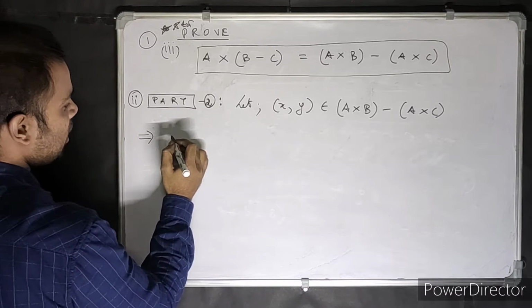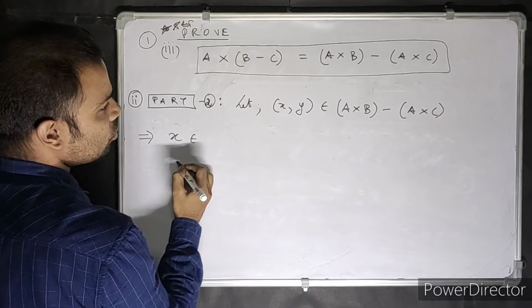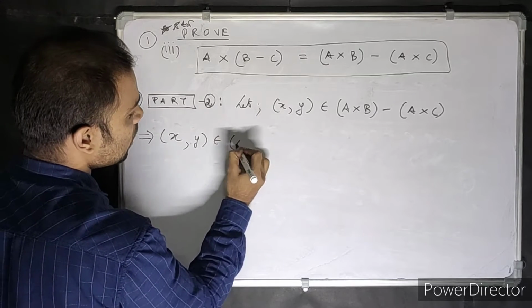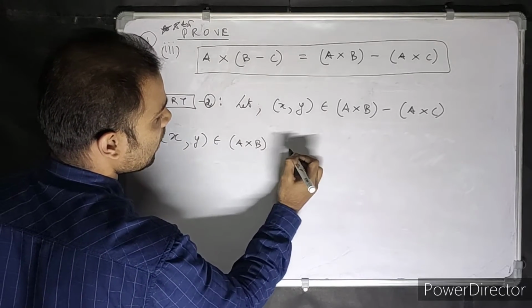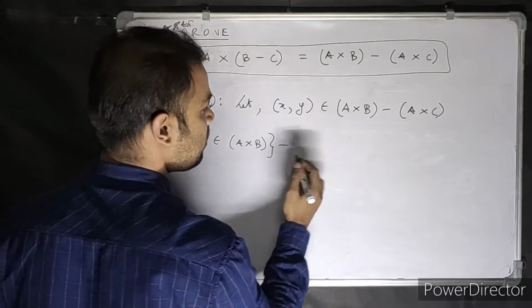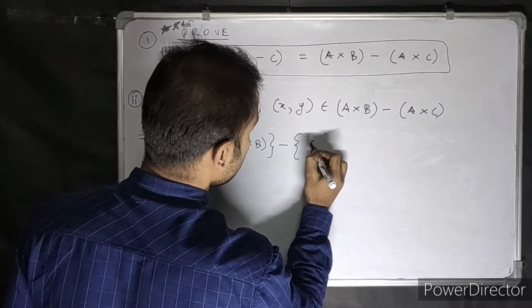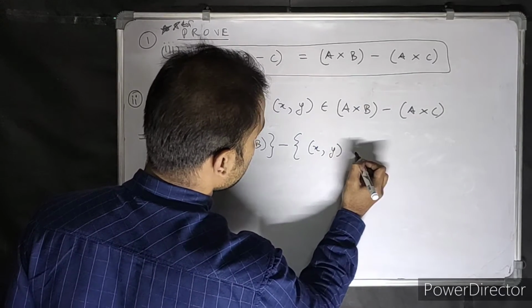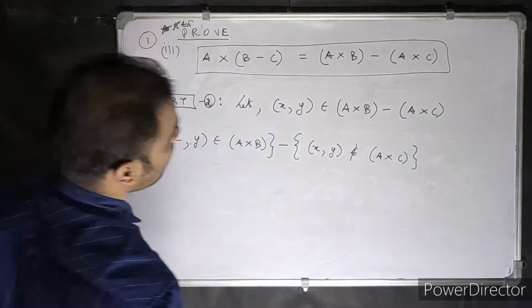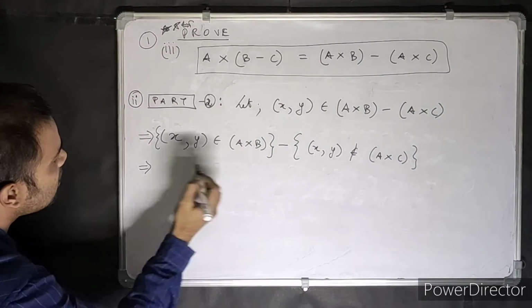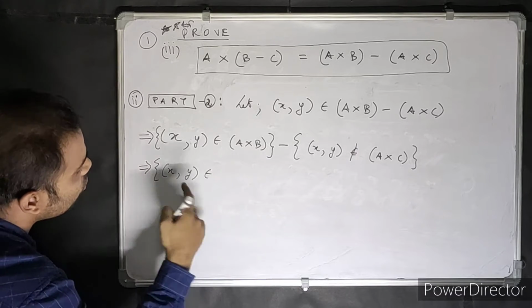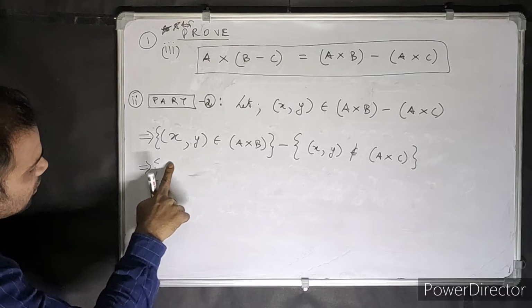Implies from here. What does it imply? x comma y belongs to A cross B, okay, minus, put a minus like that, or you can just write the answer, just put this, minus x comma y does not belong to A cross C. Now from here, what can you do? Just change that. You have to change that minus, x comma y belongs to, also do one more extra step over here.